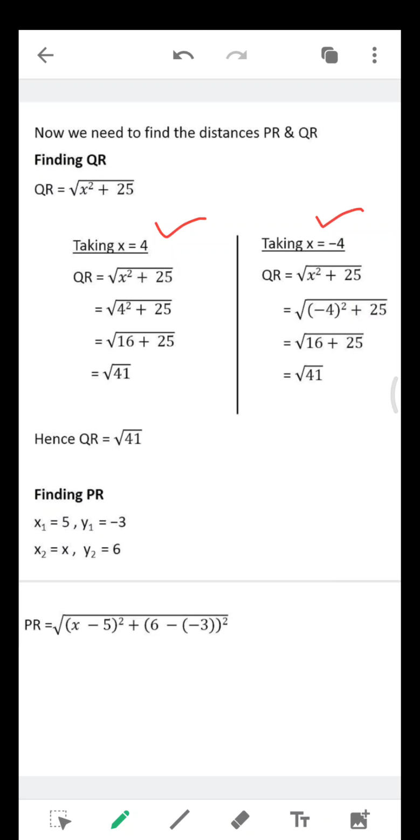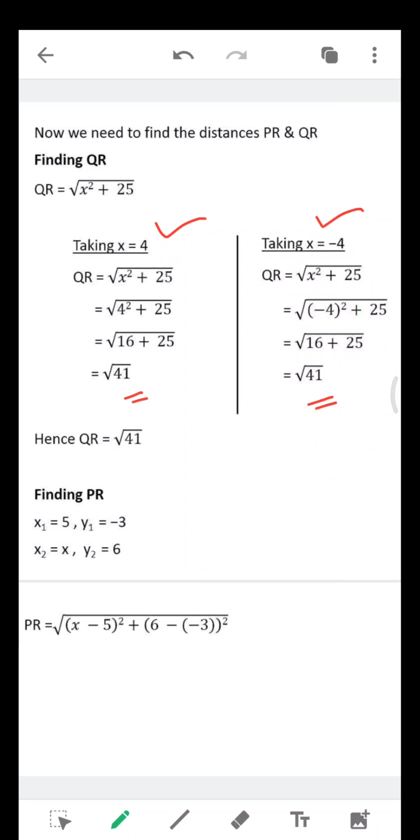We got two values of x, so we'll substitute both values and get two cases. If x is 4, x square plus 25 is 4 square plus 25, 16 plus 25, 41. And if I take minus 4 also, I get root 41. So you should show both the cases. Hence QR is root 41.